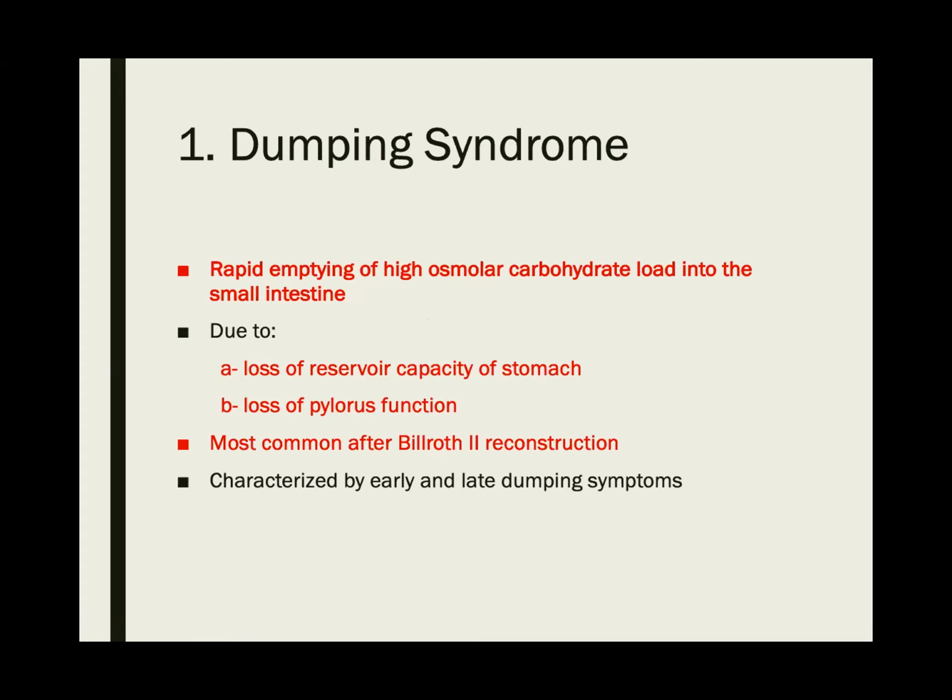Usually whatever food is in the stomach is going to form a juice. So it's not completely hydrolyzed or metabolized. It's only forming smaller molecules. So what's going to reach the small intestines is the high osmolar carbohydrate load, which is causing this dumping syndrome.